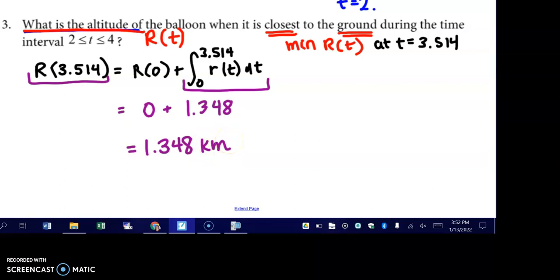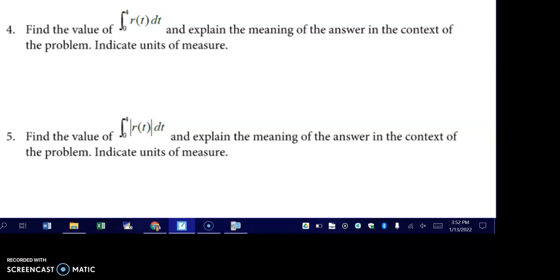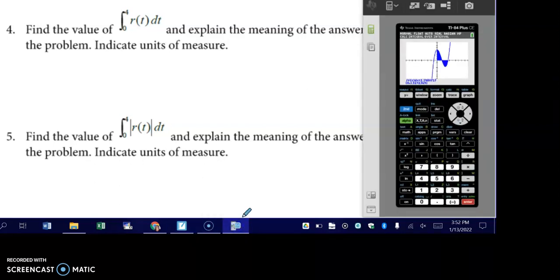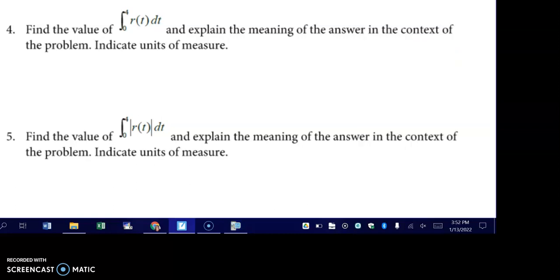All right, number 4. Find the value of this and explain the meaning of the answer in the context of the problem, indicate units of measure. Well, I know how to do this. I'm going to go second trace, number 7. This time I'm going all the way from 0 until 4. And I get 2.667.